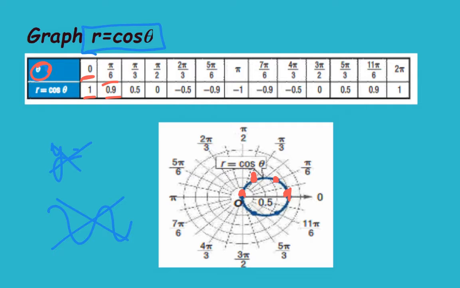And then at 2 pi over 3, which would be this line, we're at negative 0.5, so we have to come back the other way. And at 5 pi over 6, we're at negative 0.9, and at pi, we'd be at negative 1, and it's just going to go back around. So this is our graph of r equals cosine theta. So we're still using your unit circle points, and we're graphing those on a polar axis.